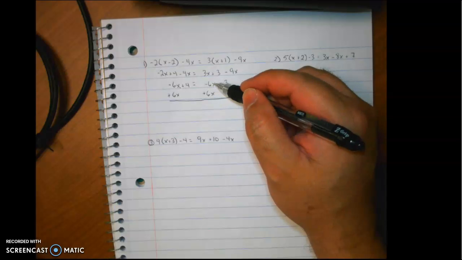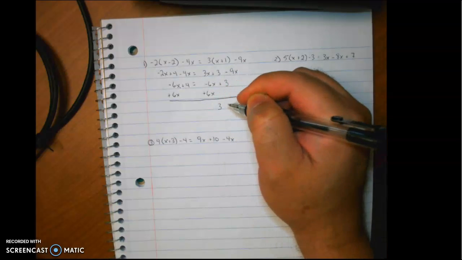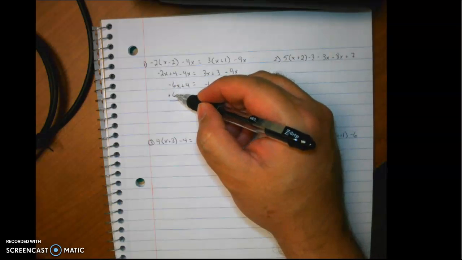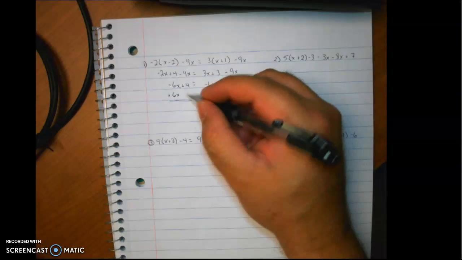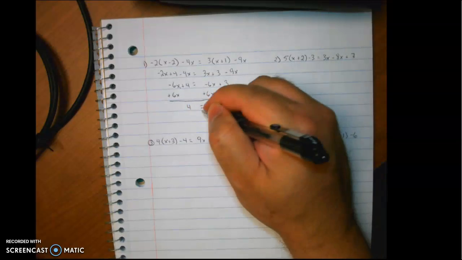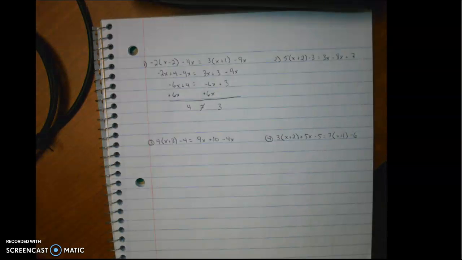A negative 6x plus 6x is 0x, and we get 3 on this side. And a negative 6x plus 6x is 0x, and we get 4 on this side, and we know that 4 does not equal 3. So this is one of those problems that has no solution.